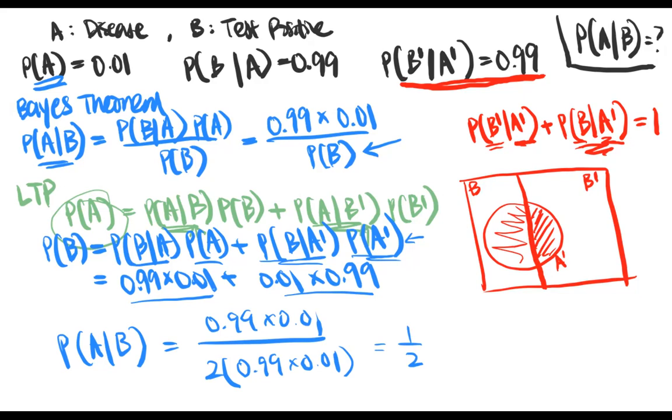Oh, good question. I think the fact that this answer came out to be 1/2 has less to do with the fact that it's a binary outcome, and more to do with this number over here, this 0.01. The fact that only 1% of the population has this disease.